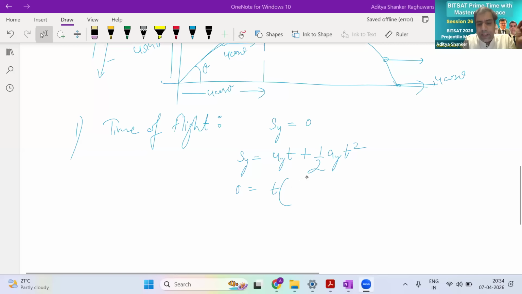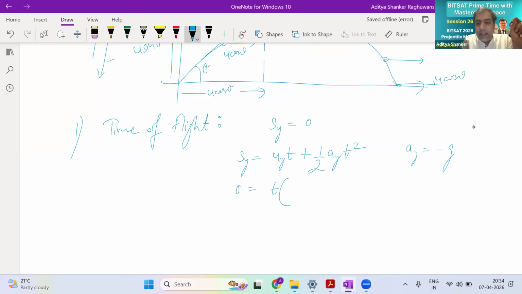Don't worry about it. Once you take t common, what is going to be left? Now, understand, I'm going to take ay as minus g because I am taking downward direction as negative and g is always downwards. Okay. And what about uy?